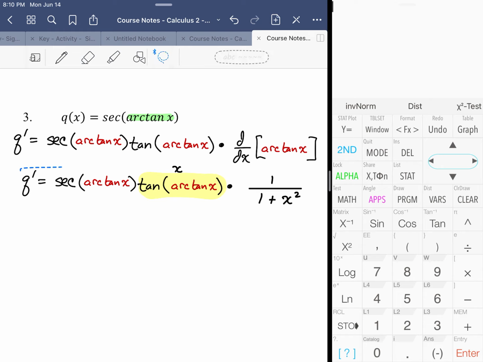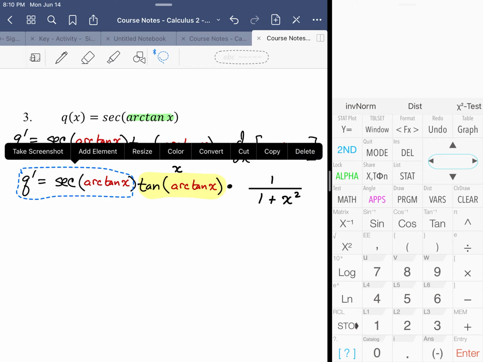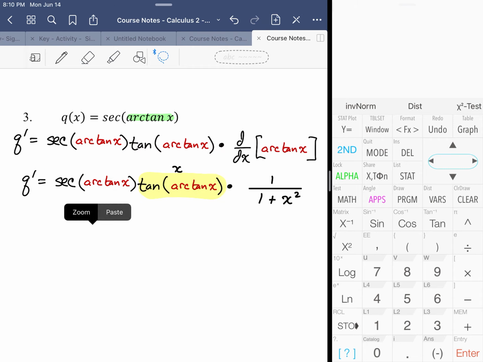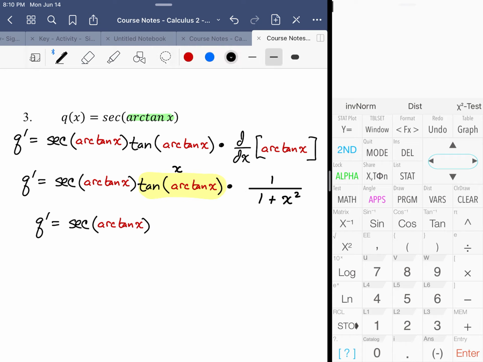So we're going to have secant of arctan of x multiplied by x over 1 plus x squared.